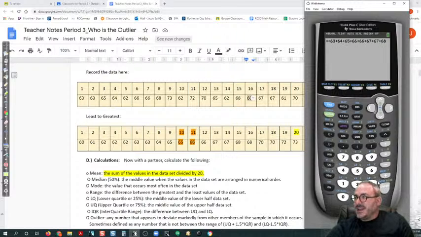How many? I got two 68s. All right. Plus 68 plus 70. Woo, getting tedious, but I'm sticking with it. Plus 70 plus 70 plus 72 plus 73.